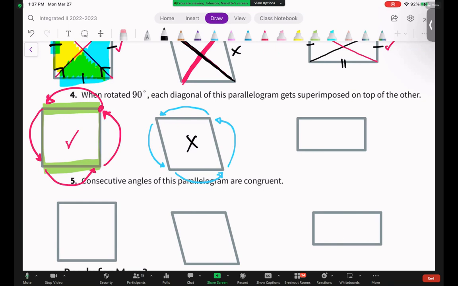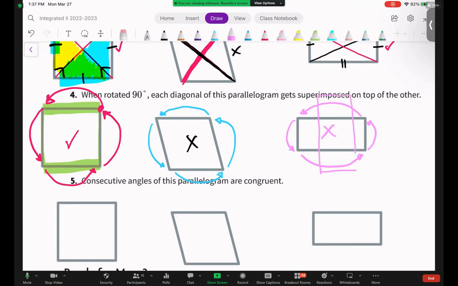So did you guys figure this one out? Did the rectangle line up? What do you guys think? Yes or no? Yeah, the answer is no for this one. And if you don't know why, it would technically go like this or something.